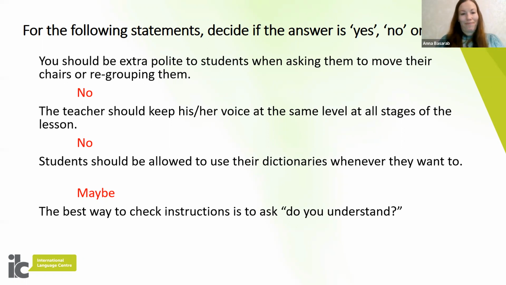How about this one? Asking your students after giving instructions, do you understand? All right, that's very nice that we're all on the same page. It's a no. It's a no because your students may understand every single word you say, but they may not understand the concept of the activity.